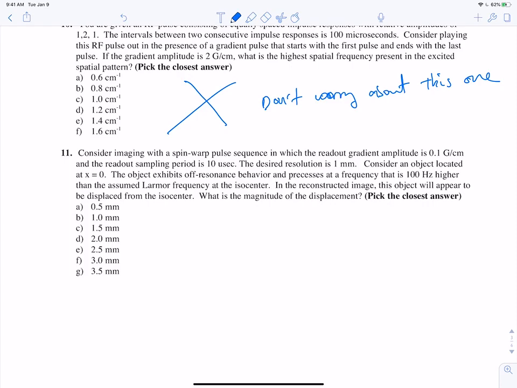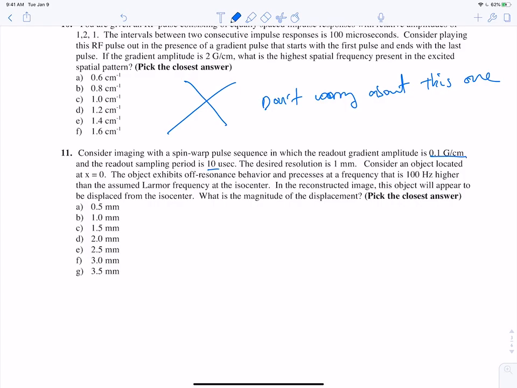Okay. So number 11 takes a little more thinking. So it's saying that you have a readout gradient of 0.1 Gauss per centimeter.